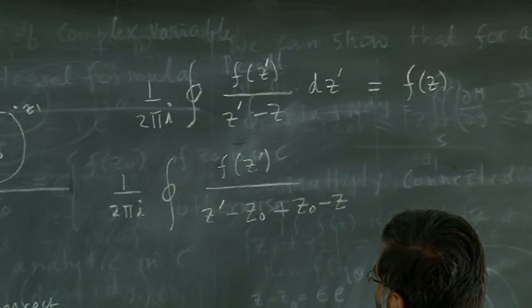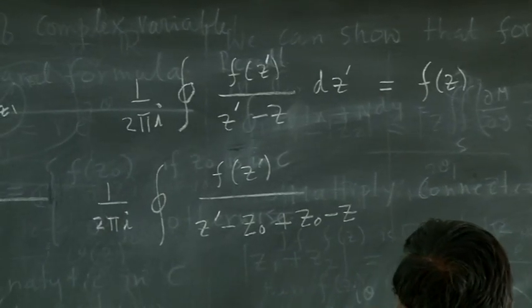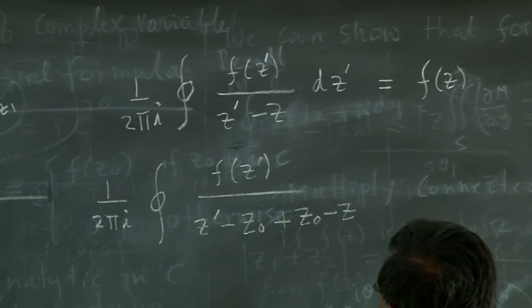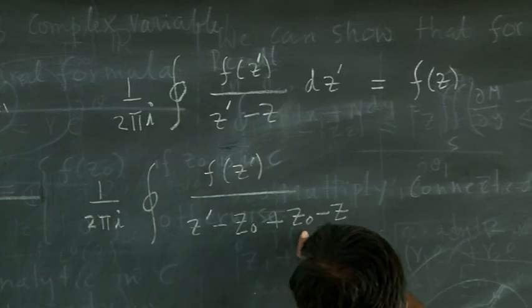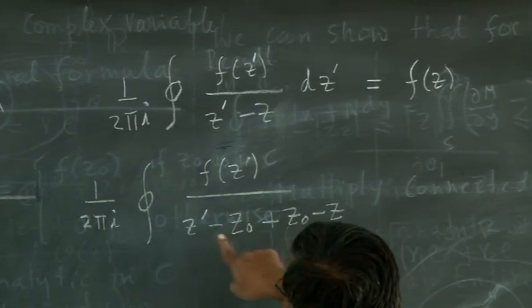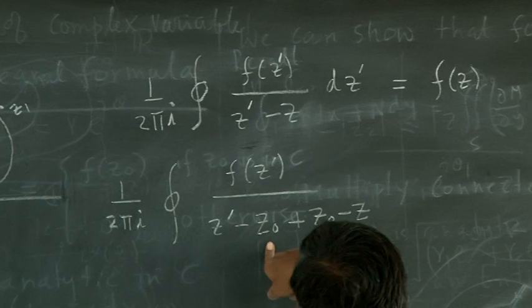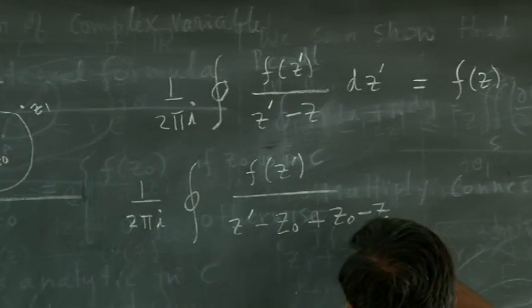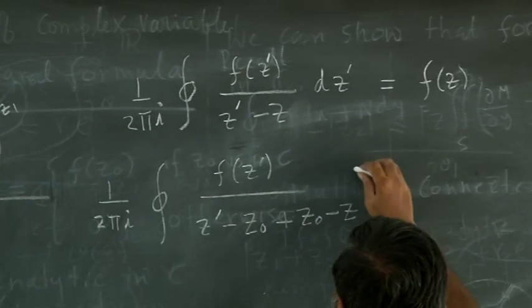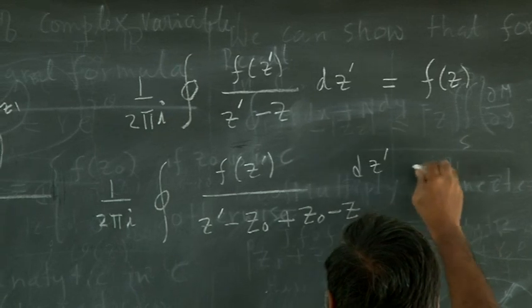So I am going to add and subtract this z naught. So this is z prime minus z naught and z naught minus z. There is no change, right? This is still the same as that.